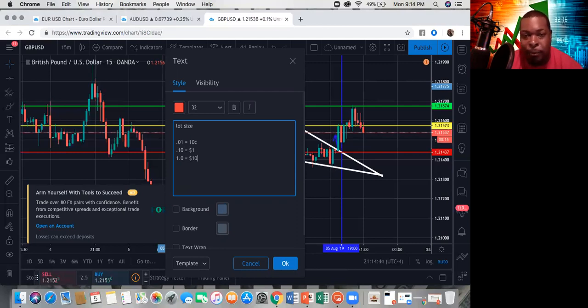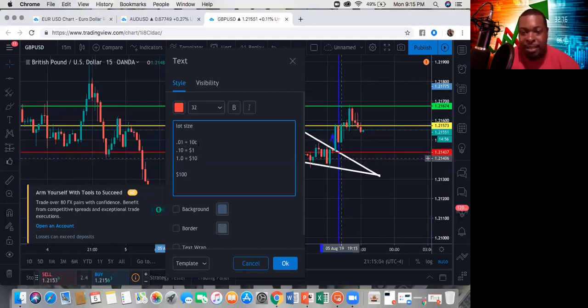So for example, if you have $100, I would suggest you trade what? 0.01, 10 cents, right? Because you only want to risk 1 to 3% per trade. You don't want to gamble, right? Because like I said, you can put this $10 in and it goes back 10, your whole account is gone, right?